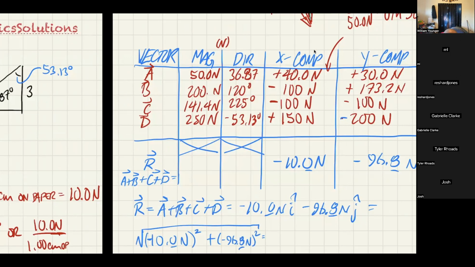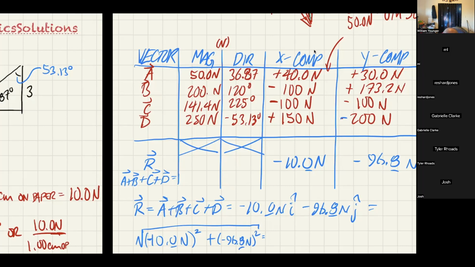Okay, so 96.8 squared, by the way, gives you 9,370, but it only has 2 sig figs, so it's only good to the nearest 100. And 10 squared has 1 sig fig, so it's only good to the nearest tens. So when I add those two, I get 9,470.24, which only has 2 sig figs.